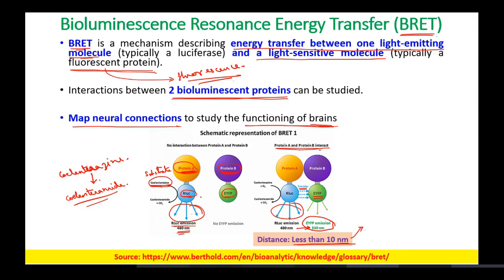Now, this R-Luc coelenterazine system is acting as a radiation source for the EYFP. However, the energy transferred to the EYFP would be sufficient to induce fluorescence only if both systems have come to a very near position, and that distance, as I already told you, is less than 10 nanometers.